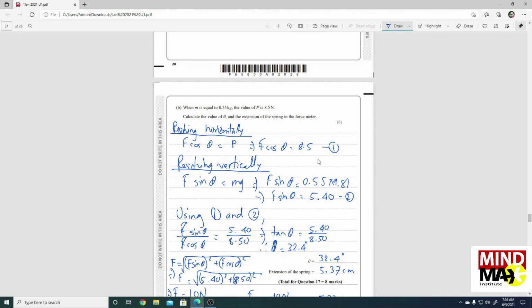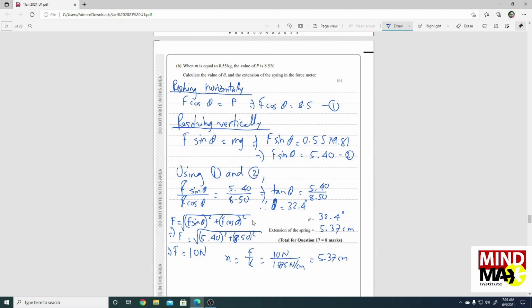From there I could find theta, and to find F I have to go for the formula to find magnitude, which is the square of the two components. You add the square of the two components and you put a square root over it. So why do I do this one, F sin theta squared plus F cos theta squared?